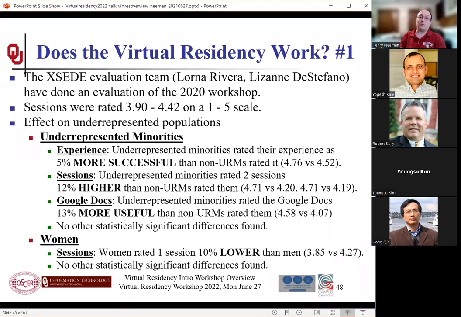Underrepresented minorities reported a slightly but statistically significantly better experience than non-minorities. Women on a single session, there was a statistically significant, although not too big, difference. They had lower satisfaction than men, but that was the only case where there was a statistically significant difference.